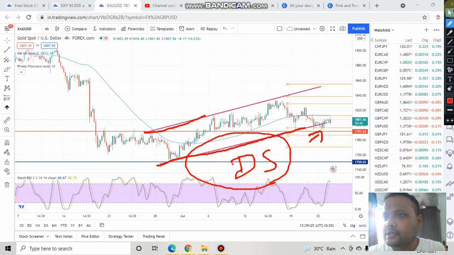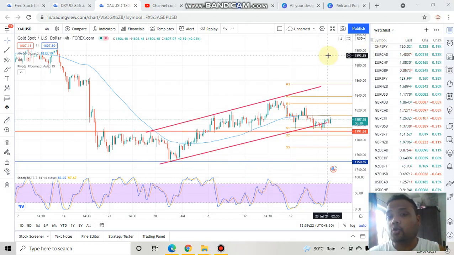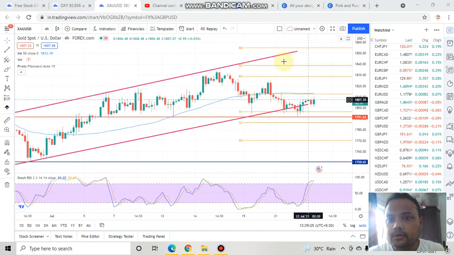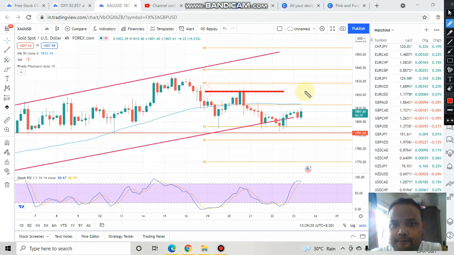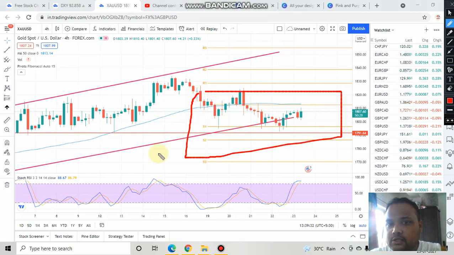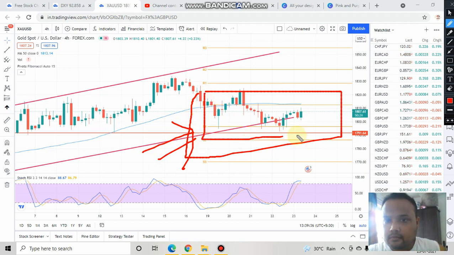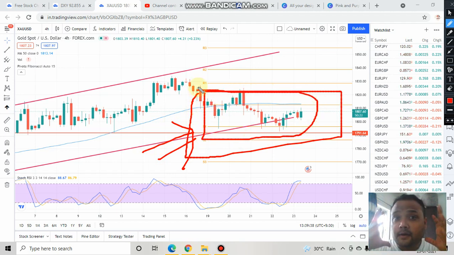But there are certain things that we cannot overlook here. If I zoom in, you can see that if we focus on this particular portion of the chart, do you still think that buyers are dominating right now? Overall, the market is in an uptrend, going up in a channel. Fine, no doubt.